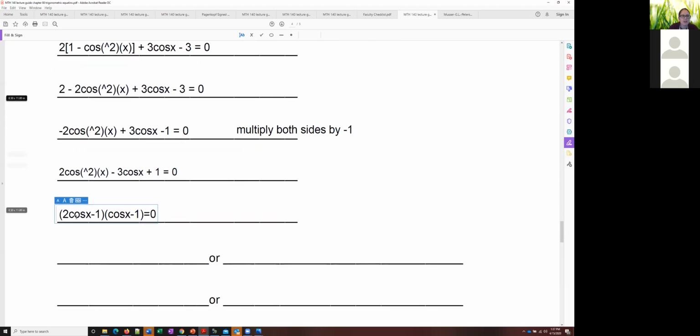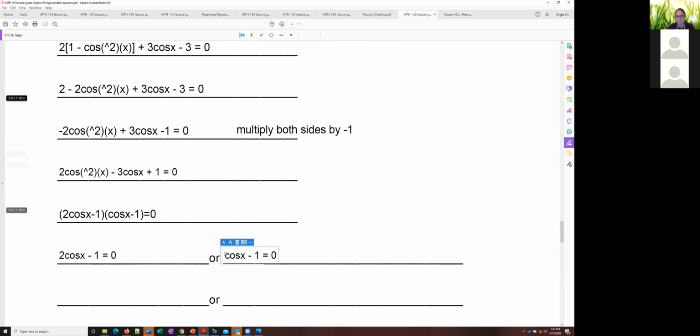All right, so we're multiplying 2 things together and we get 0. So that means 2 cosine x minus 1 is equal to 0, or cosine x minus 1 is equal to 0.